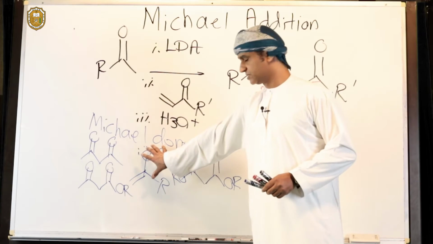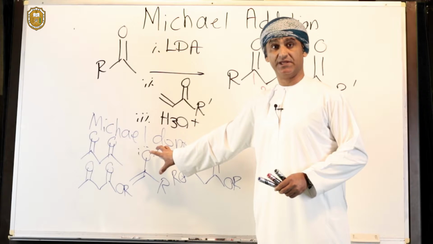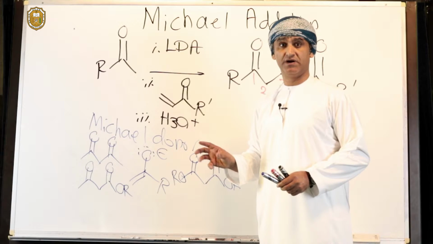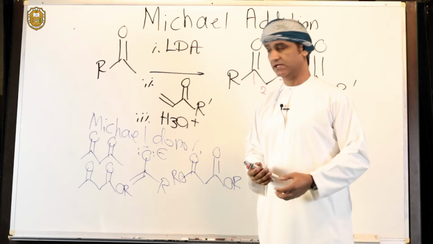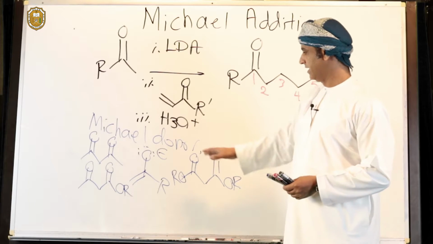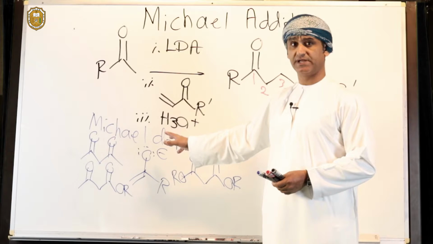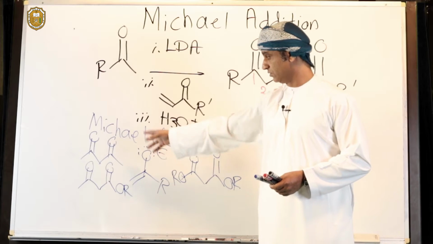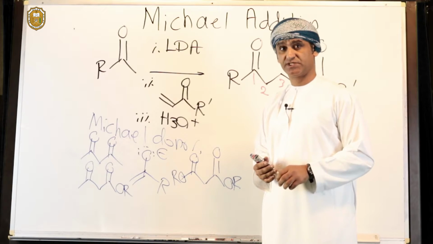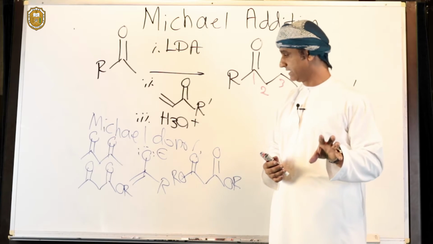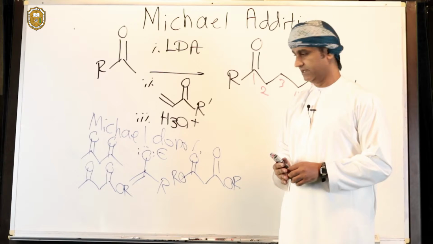Of course, when we write the structure of the enolate, it's implied that any carbonyl compound that can make an enolate can be used to give a Michael donor. So a Michael donor is basically an enolate or any carbonyl compound that can give an enolate. And these are excellent or ideal substrates for Michael donors: 1,3-diketones, beta-ketoesters, and dialkyl malonates.